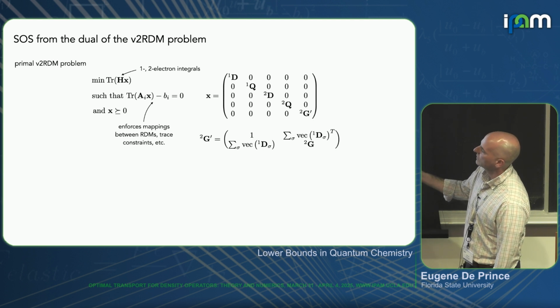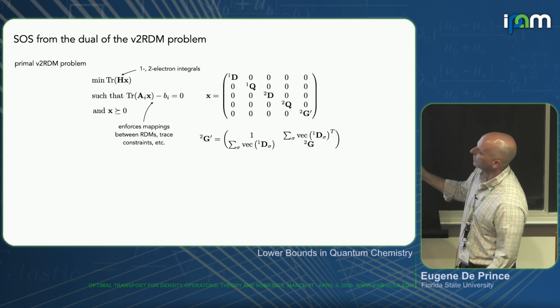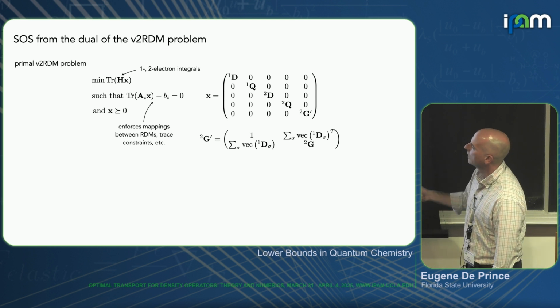And now I have intentionally added a 1 to the algebra here because it makes things a lot easier. So now this G matrix looks like the original G I had before plus a 1, and then you can show very easily that there are these slices along the top row and the first column that look like the one-body density matrices.